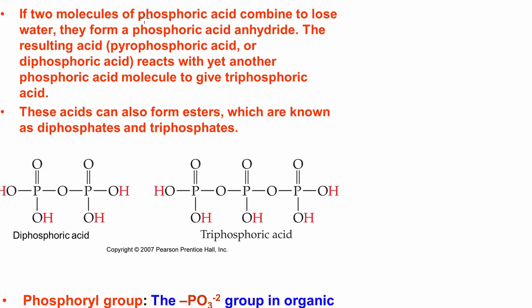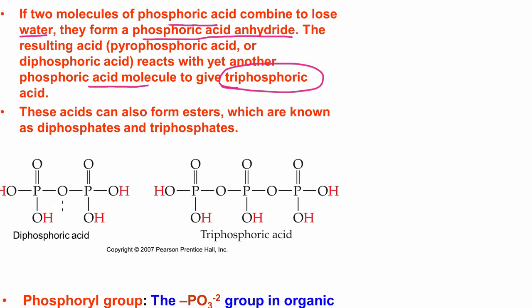If we have 2 molecules of phosphoric acid and they combine to lose a molecule of water, they form what we call a phosphoric acid anhydride. So that will react with another phosphoric acid molecule in order to give triphosphoric acids.